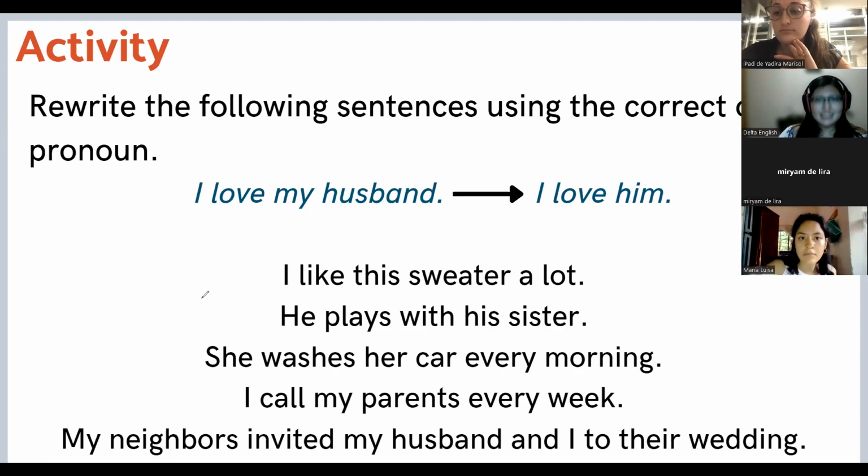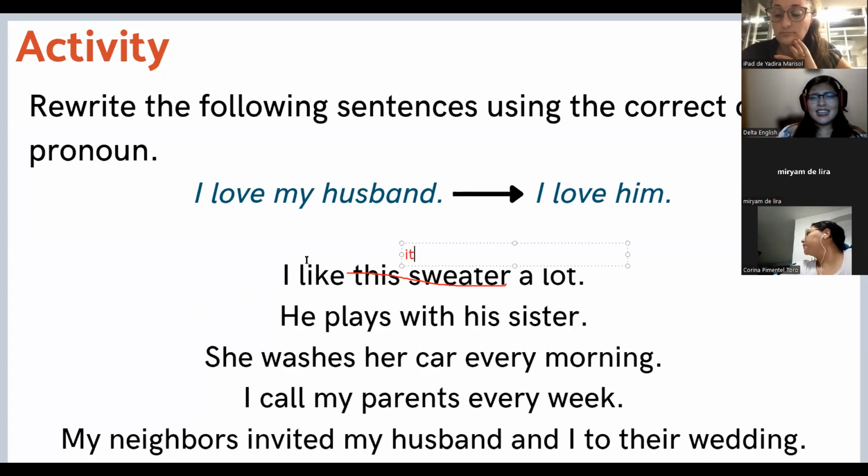I like it. I like it a lot. That's perfect. Excellent. Because I'm talking about a sweater, which is a thing.